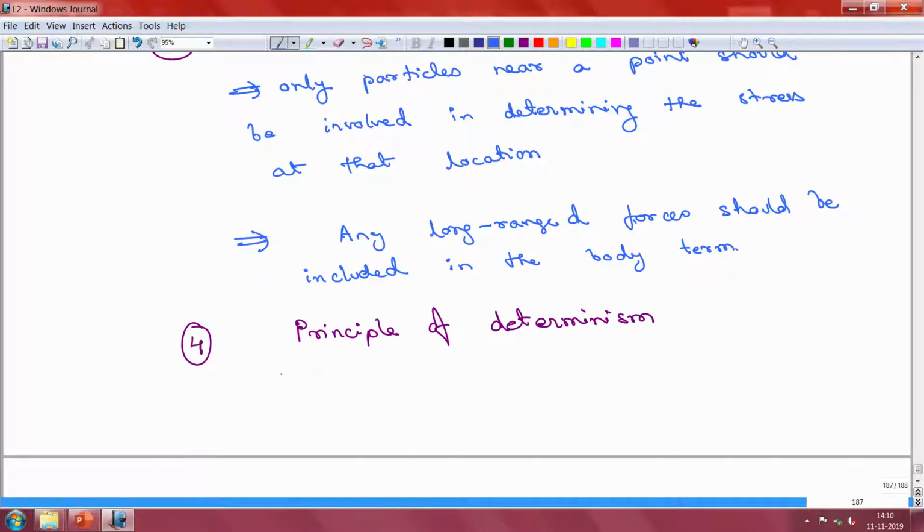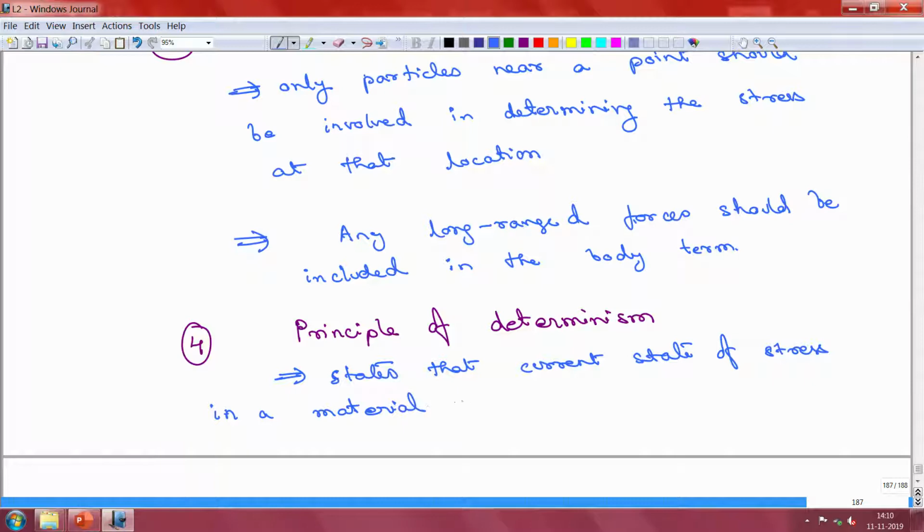So, this again states that the current state of stress in a material is determined by past history alone.